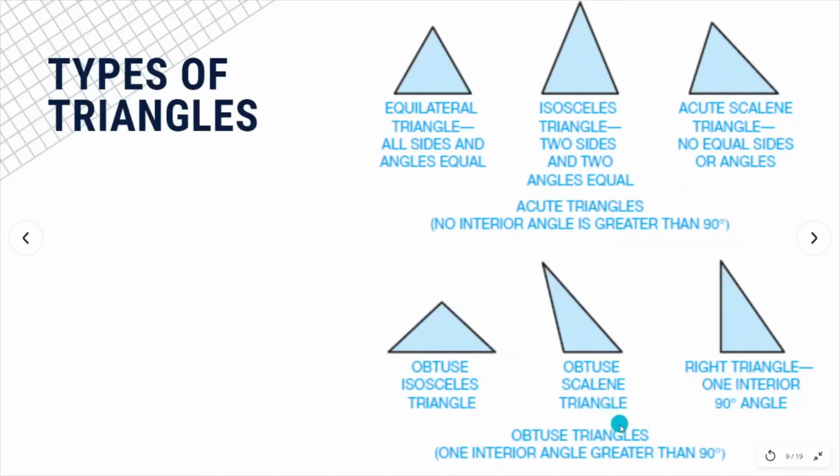Ang obtuse isosceles triangle kay ang iyang dako nga angle kay greater than 90 degrees, kay kini medyo taas-taas ang iyang opposite nga side, and equal kini nga sides diri or kini nga angles.